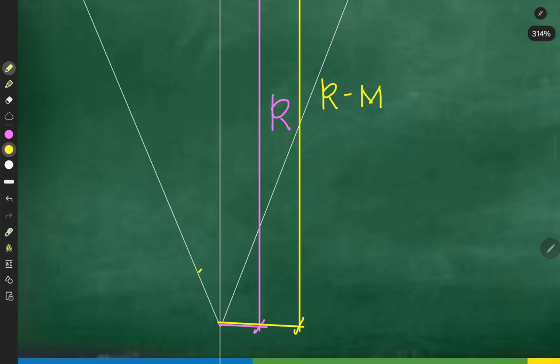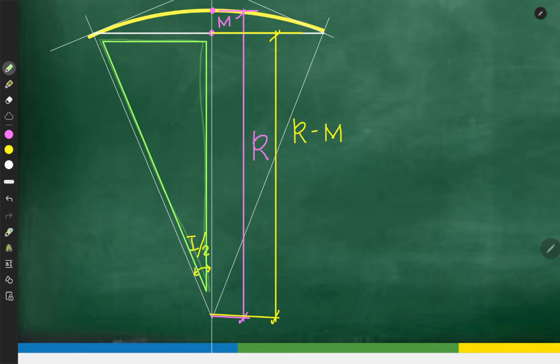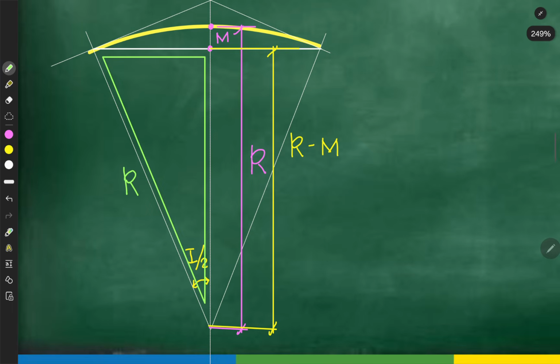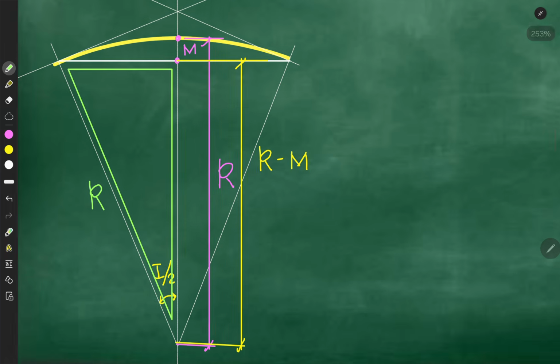Okay? So yung angle na to, this is still I over 2. So if we are going to consider this triangle, this is still radius. Yung distance ngayon na to, that is just R minus M. So meron tayong angle dito. So anong pwede natin gamitin dito na trigo function? So pwede natin gamitin cosine is equal to adjacent over hypotenuse. Okay?